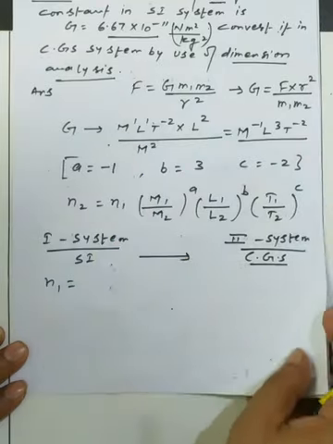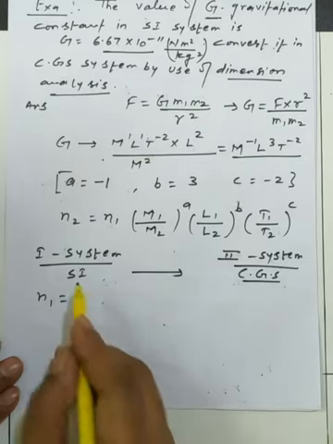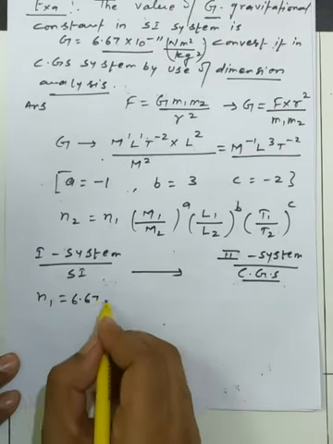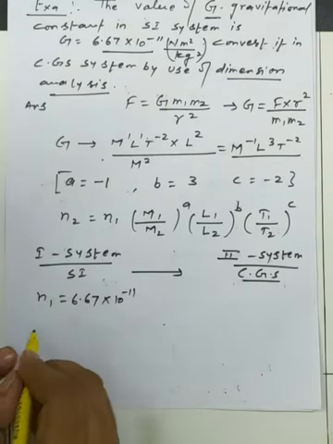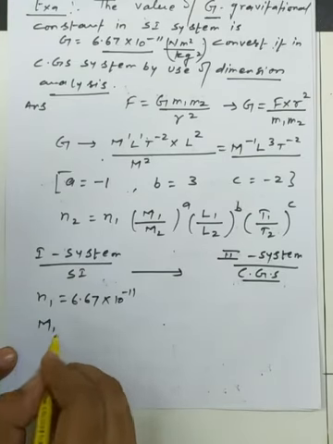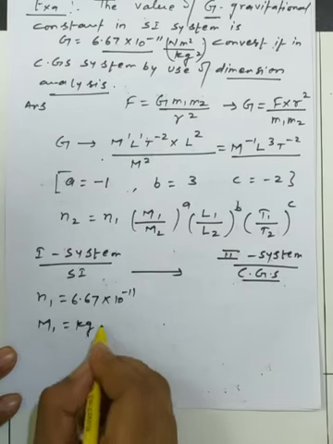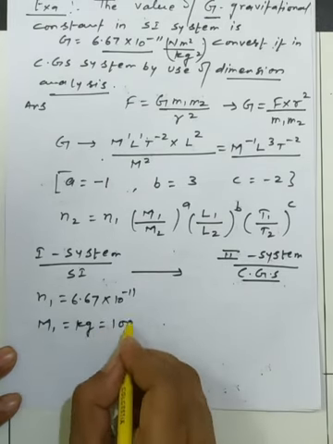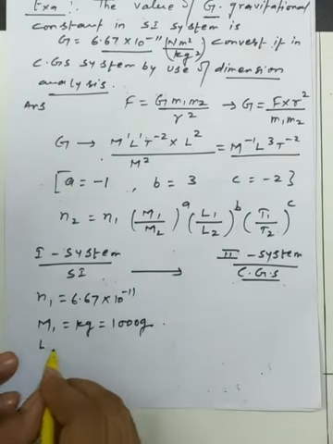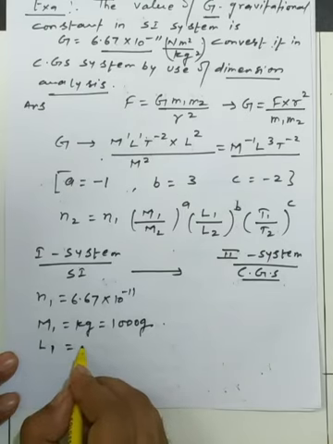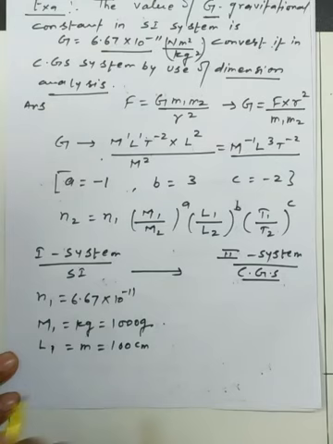N1 is the numerical value given in our question, that is 6.67 into 10 to the power minus 11. Now M1 is kilogram, and we convert it into the CGS system, so we write 1000 gram. L1 is meter, and we convert it into 100 centimeter.